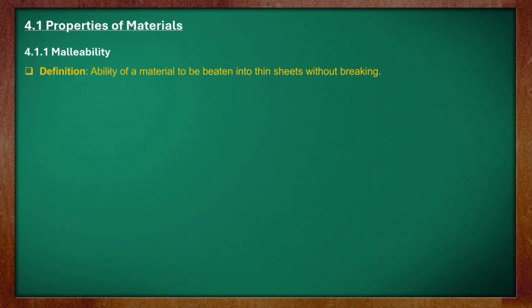And what does malleable mean? It means the ability of a material to be beaten into a thin sheet without breaking. If a material can be beaten into a thin sheet without breaking up, that means that material is malleable. And here what have we observed?